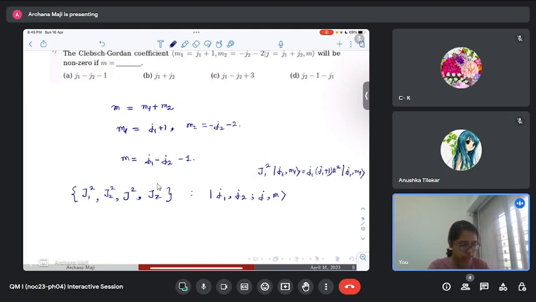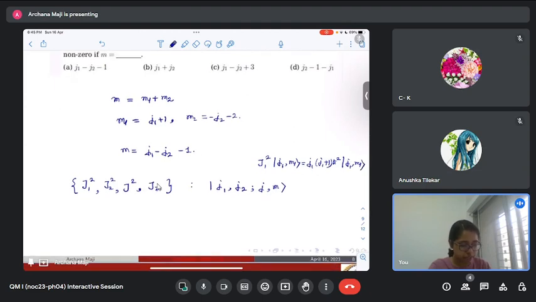Likewise, j2 is the eigenvalue corresponding to j2 square, and corresponding to j square the eigenvalue is j, and m is the magnetic one, that is jz acting on |j, m> will give you m h cross |j m>.